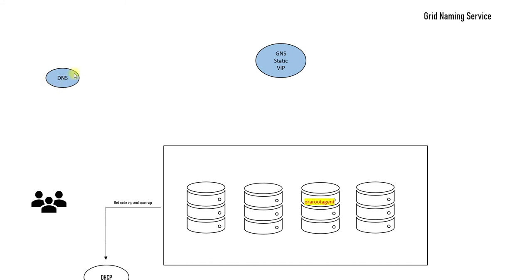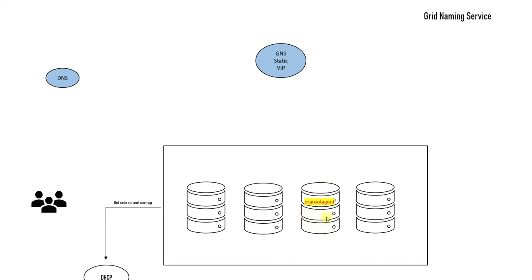For DNS, if you are just configuring DNS and scan, we used to configure all those things, but for the GNS environment you just configure the local IP addresses. You do not need to configure other stuff.